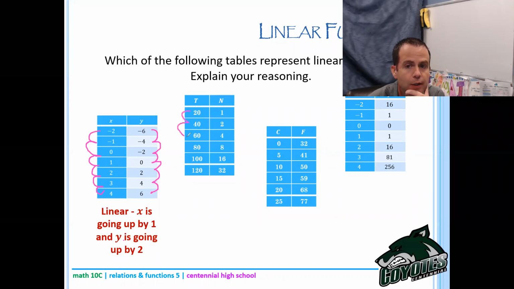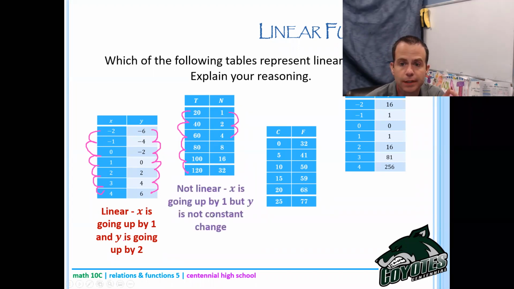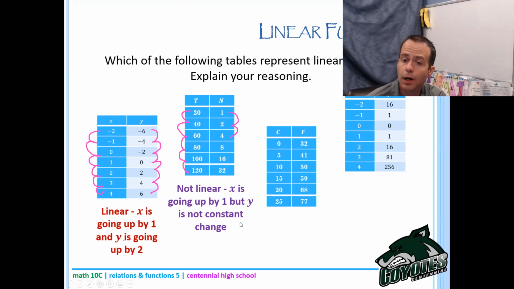Go up by 20, go up by 20, go up by 20, go up by 20, go up by 20. So that's cool. Let's look at my y's. Go up by 1, go up by 2, stop. It doesn't work. Okay, this is not a constant rate of change. As soon as it goes off kilter, you know for sure it's not linear. Okay, so it's not linear. X is going up by 1, but y is not a constant change.